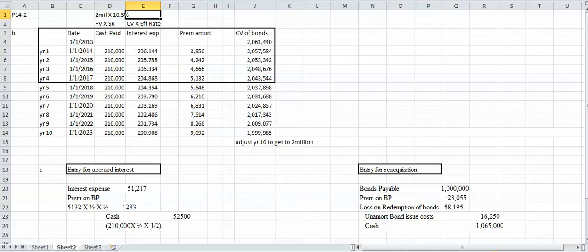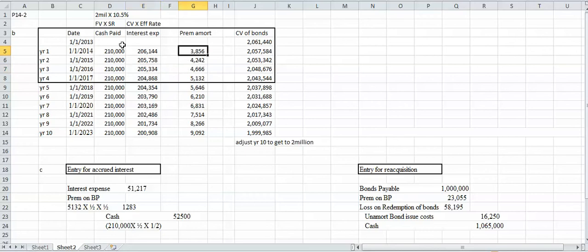So in this case, it's $2,061,440 times 10% effective rate. But then in year 2, it's $2,057,584 because the carrying value changed, times 10%. The next year, the interest expense is the carrying value of $2,053,342 times 10%. So it's the carrying value times the effective rate.